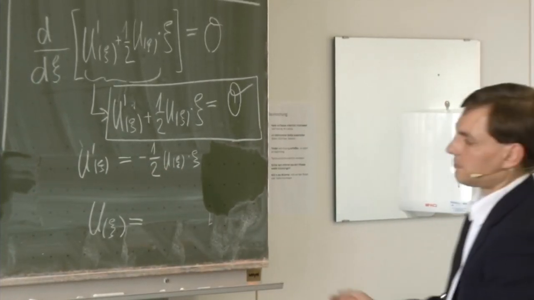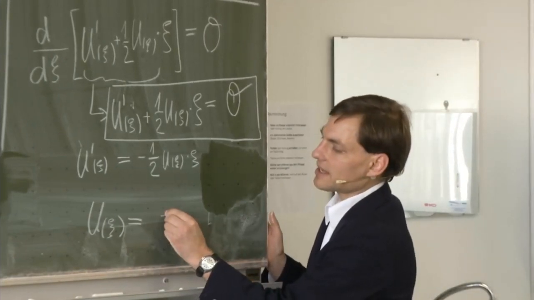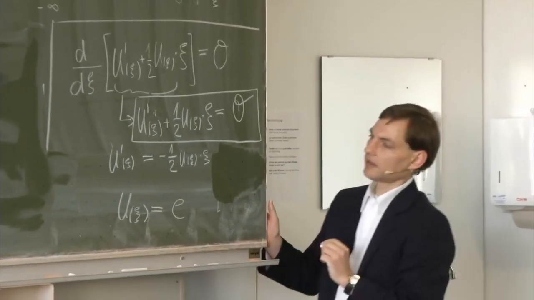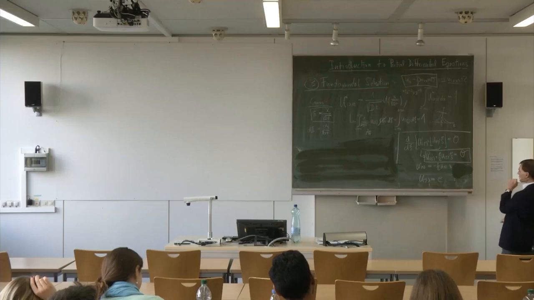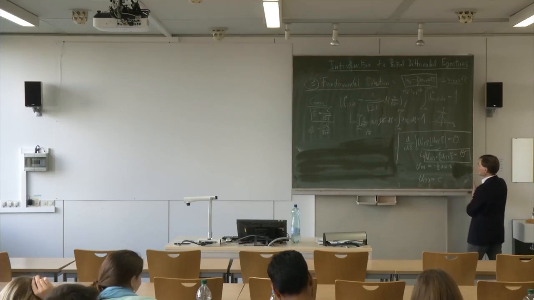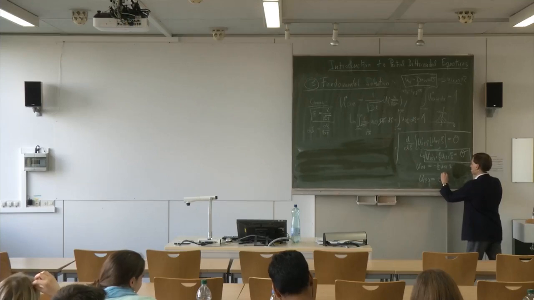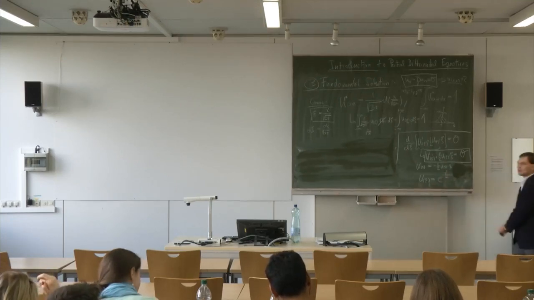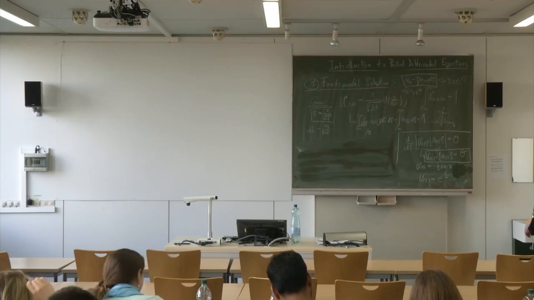And the best candidate in all these cases is the exponential function. Yeah? Now let's take a look. Probably e to the minus xi squared over 4. That is what I think is a good solution.